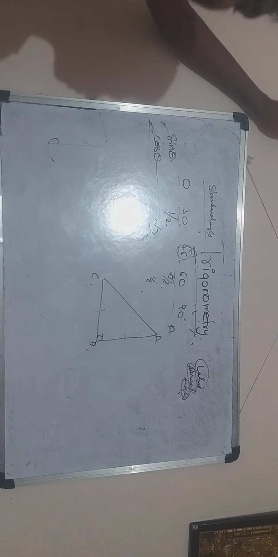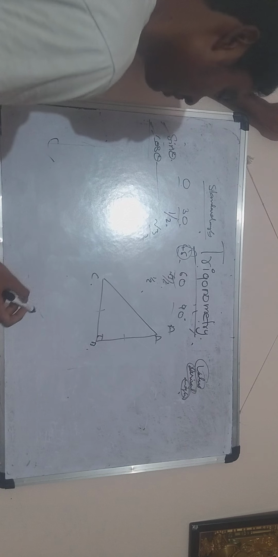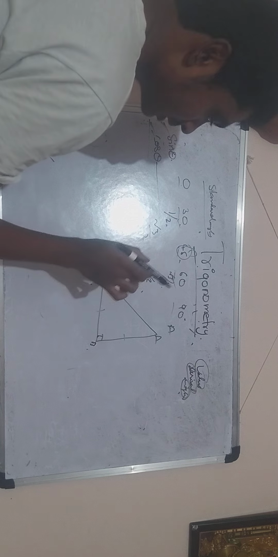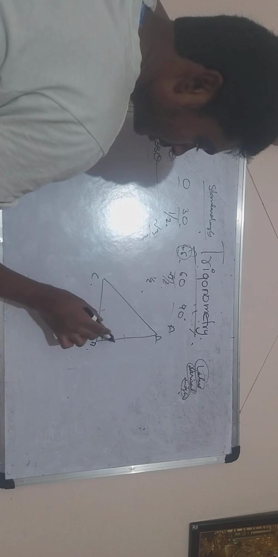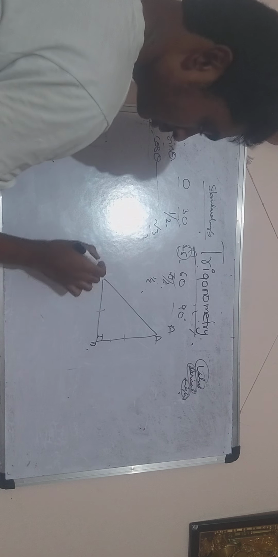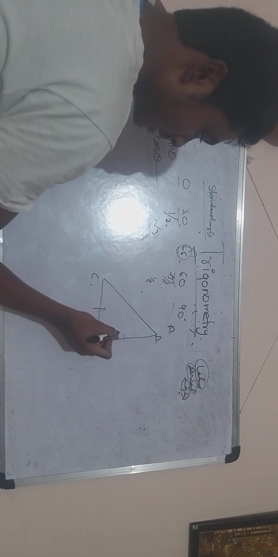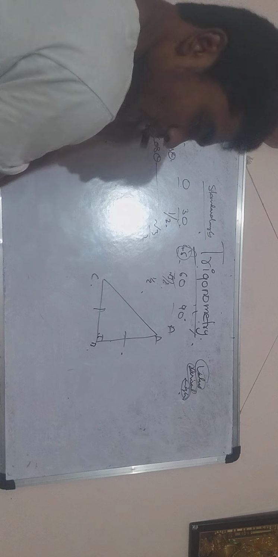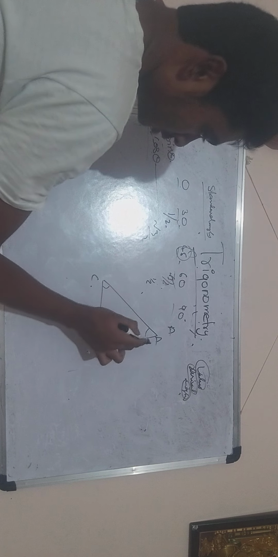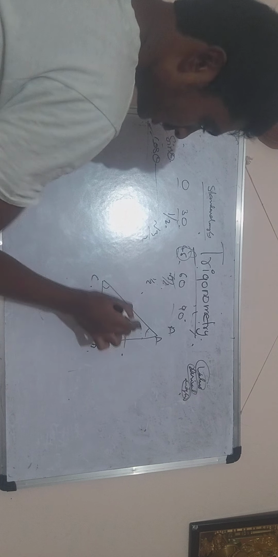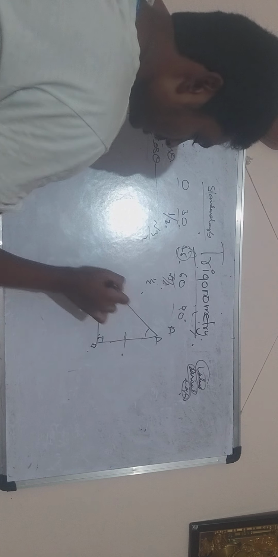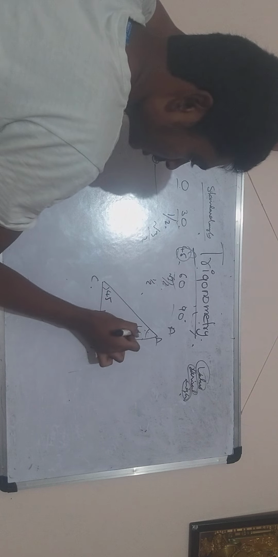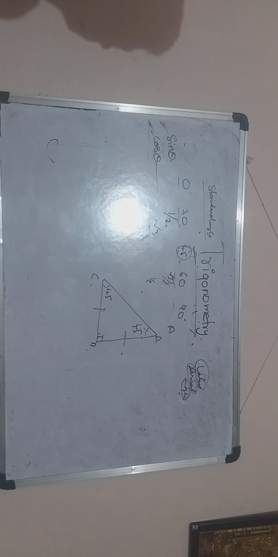I said in the beginning of the class a fact that the larger side faces the larger angle, and the smaller side faces the smaller angle. Since these two angles are equal and this is 90, the sum must be 180. So these two must be equal, and their sum must be 90. So 90 by 2 is the angle. We could simply say that this angle is 45 degrees by basic geometry.